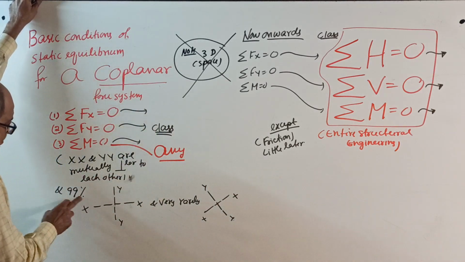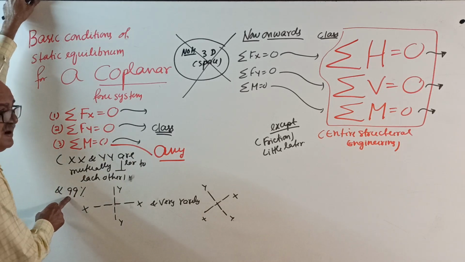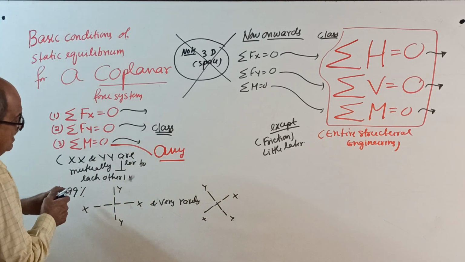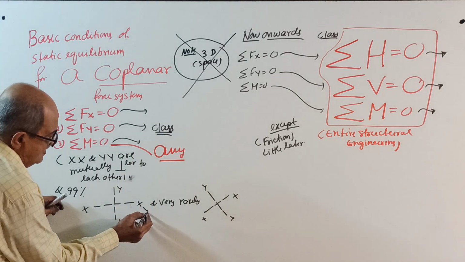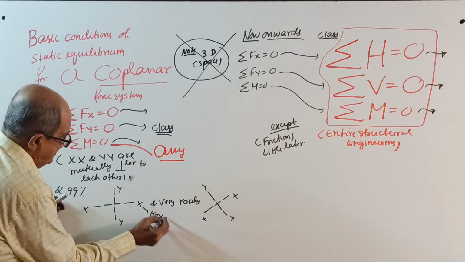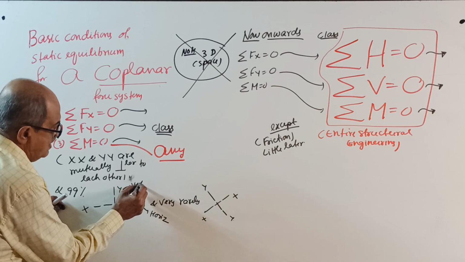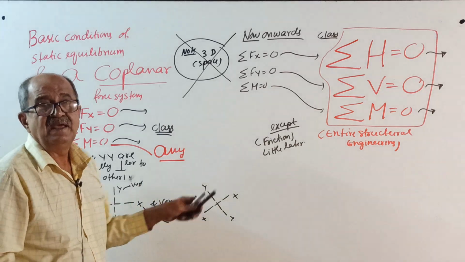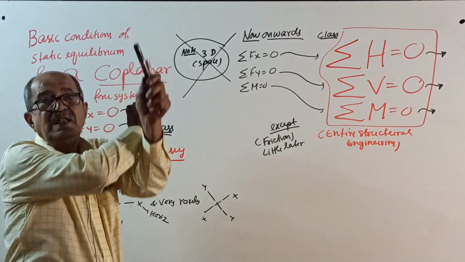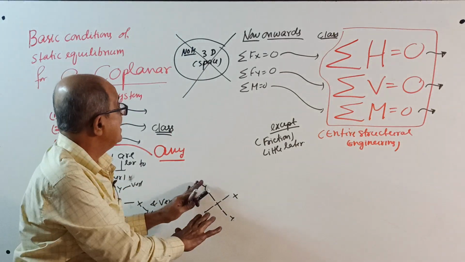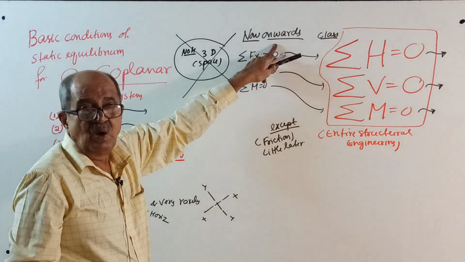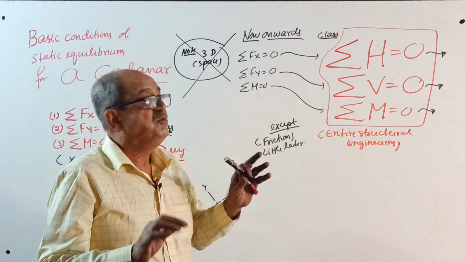Remember, I told you, in 99% of cases x will be horizontal and y will be vertical. But rarely you get them inclined. In friction it will come. Okay, leave it now. Now onwards, you make a note, class.